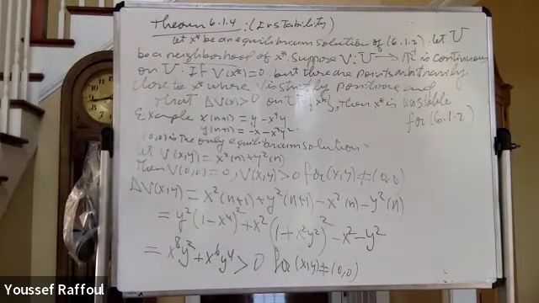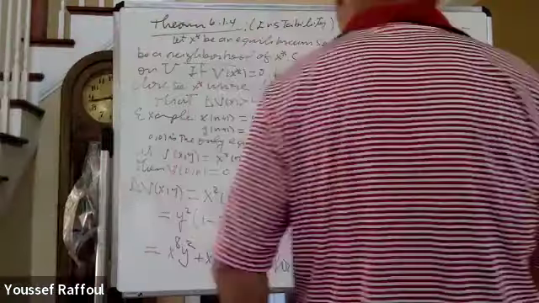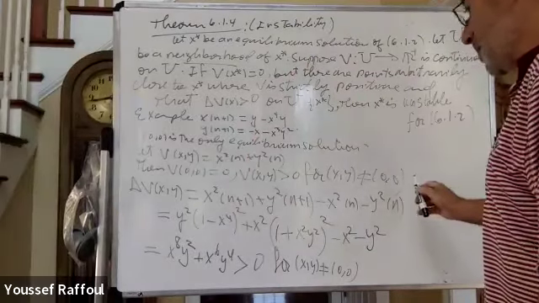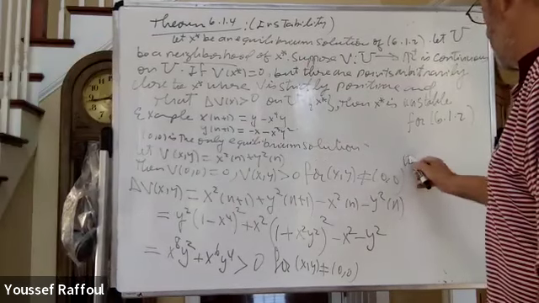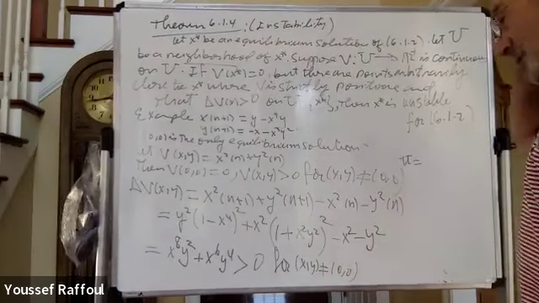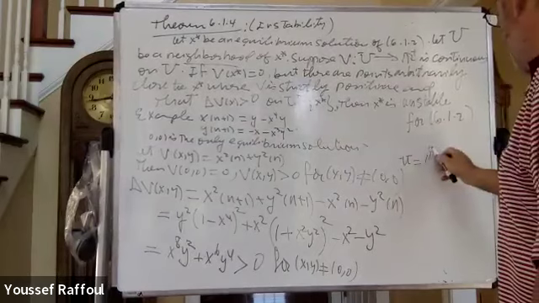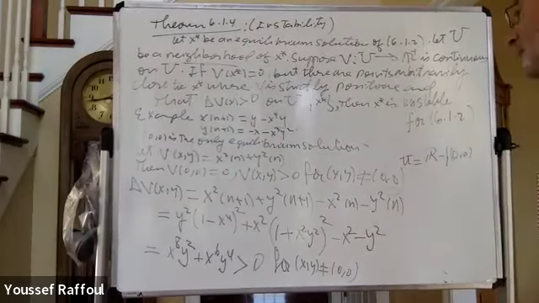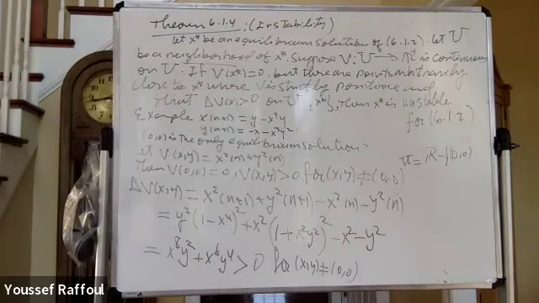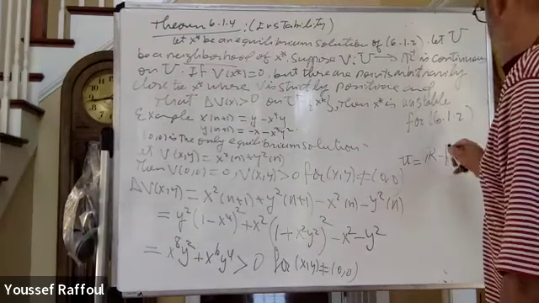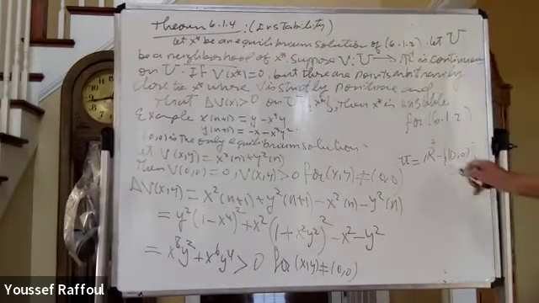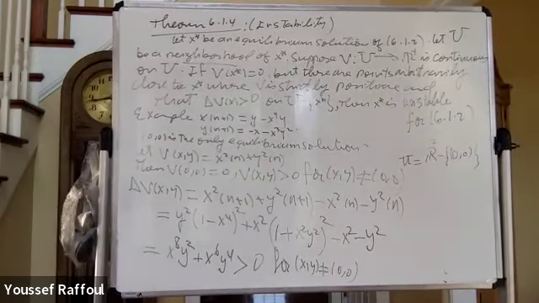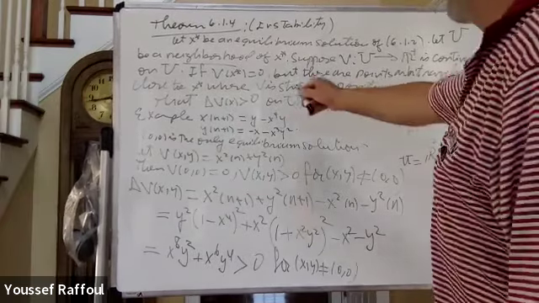So here the set U is all R2 minus (0, 0). The set U. Okay. And then look what we have.